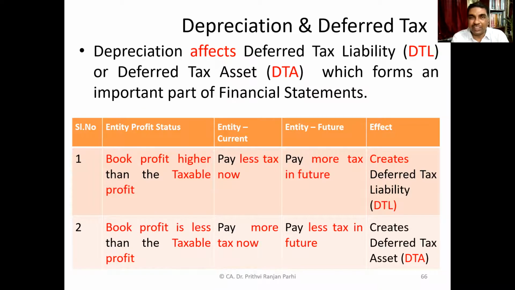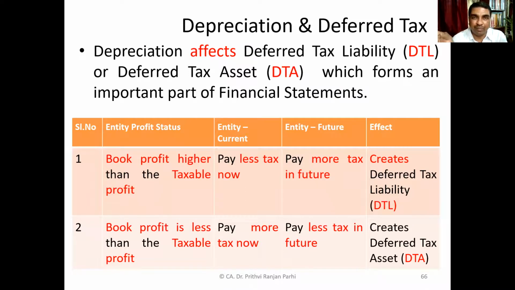Now, one more interesting concept we need to learn regarding depreciation is the effect of depreciation on deferred tax asset and deferred tax liability. I think some of you might have heard these two terms, DTA and DTL. Let us see. Because of depreciation, there is a possibility that your book profit shall be different from taxable profit.